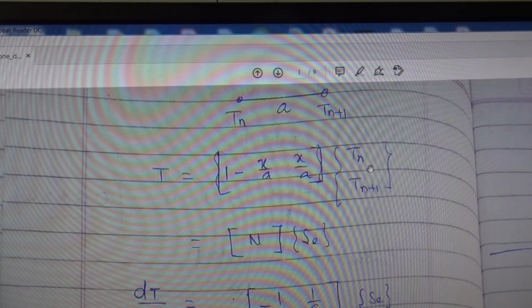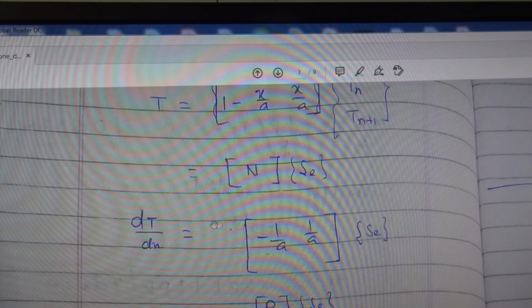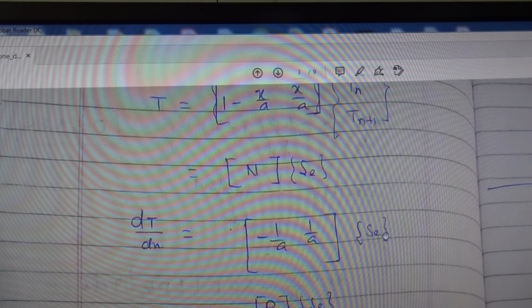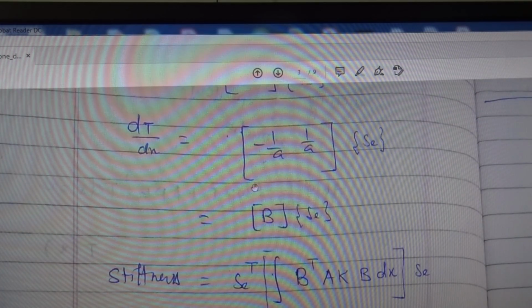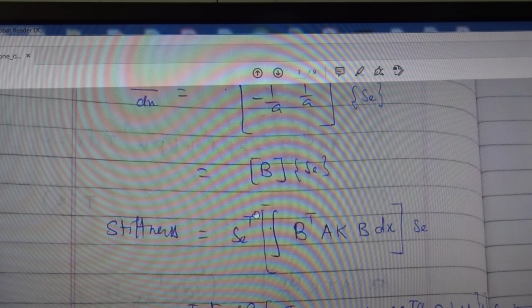So these are the degrees of freedom Tn and Tn+1. Now dT/dx is equal to minus 1/L, 1/L, and this is the B matrix, B δe. The stiffness becomes similar to the analysis done in the bar problem in the stress analysis.